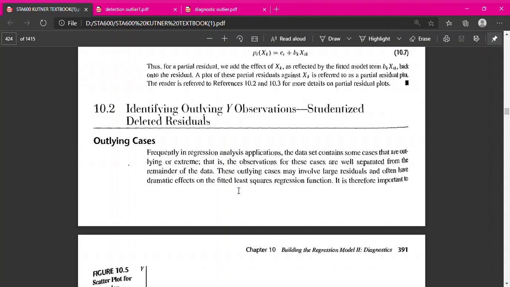But kalau extreme values ataupun outlying cases in X, okay, extreme values in X direction, ianya dipanggil high leverage point. Okay, high leverage point.